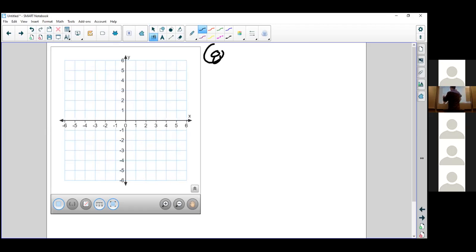We want to figure out our two equations. So looks like I have 0, 0. Excuse me, that's not right. Looks like I have -1, 1.